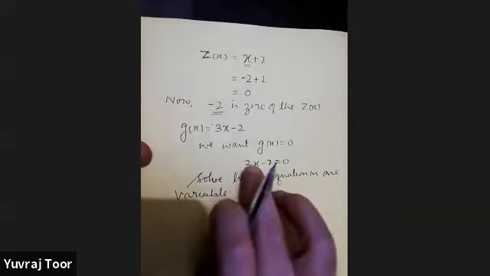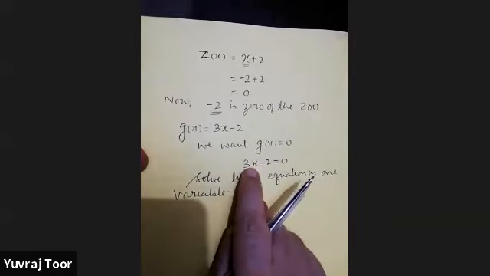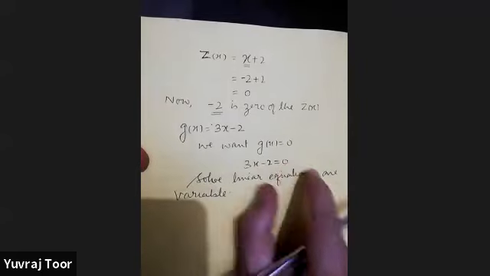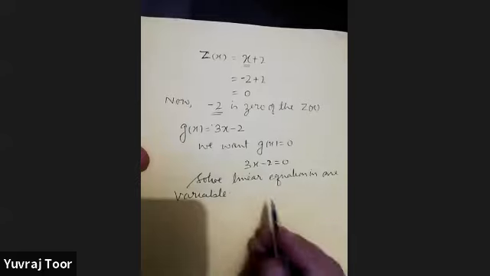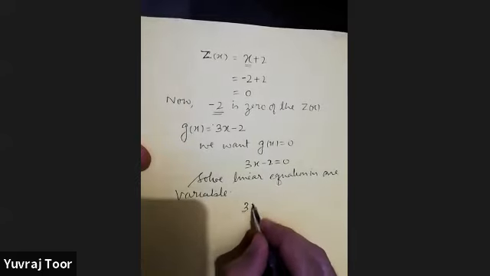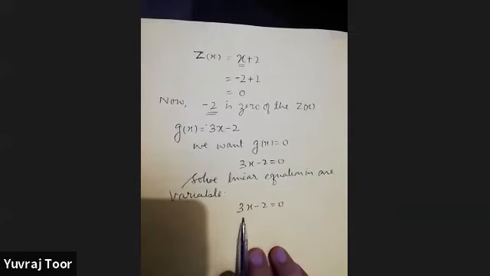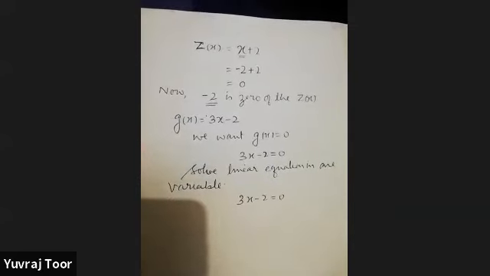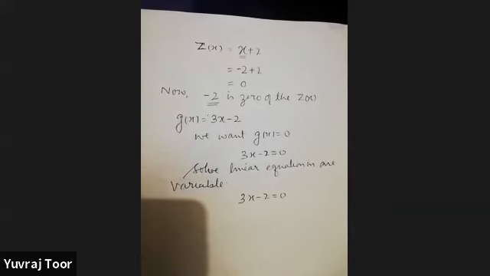Now, let's solve this. We have made an equation. We are looking for the value of x which will make it equal to 0. So how do we do this? We transfer all the numbers except the variable from left side to right side.